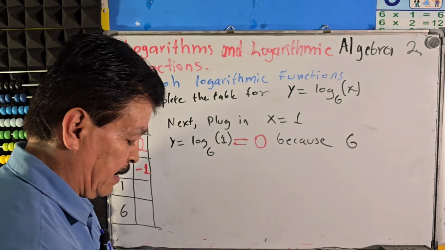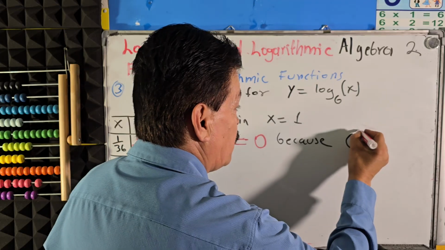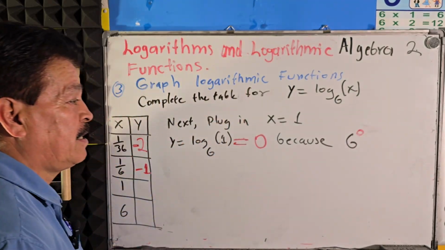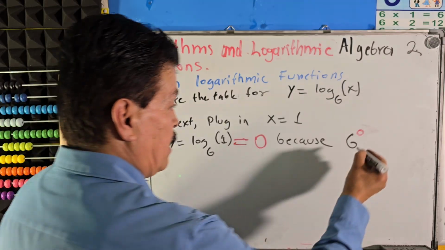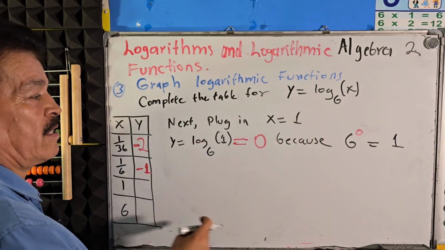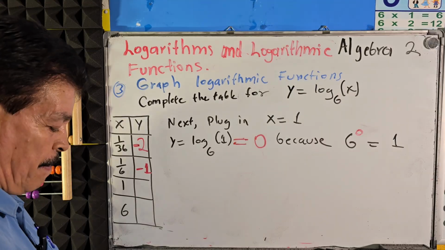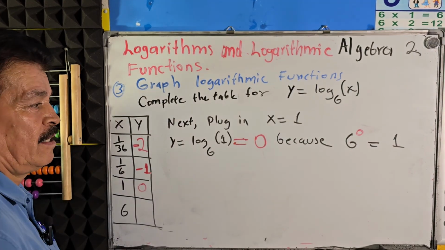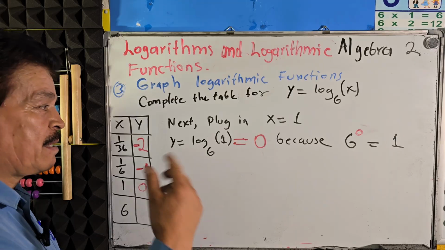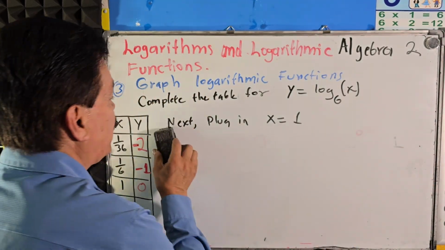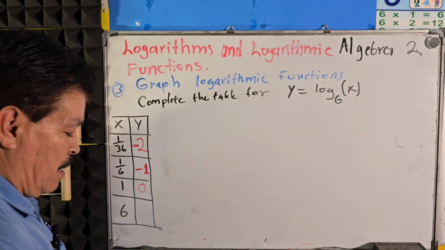Let me write it with red color. 0 power equals 1. So the answer here now is correct, and now it's clear. We learned from the mistake before. That's why I like to solve a couple of problems, not one problem.